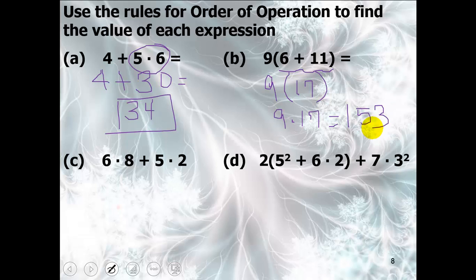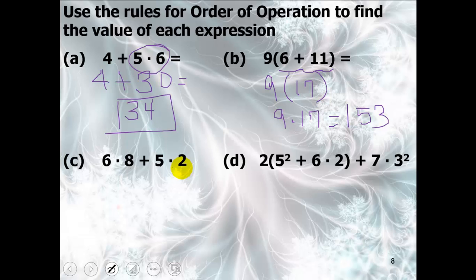Okay, let's go over example C. I have 6 times 8 plus 5 times 2. Start at the very top. Do I have any grouping symbols? No. Do I have any exponents? No. Do I have multiplication or division? Yes.